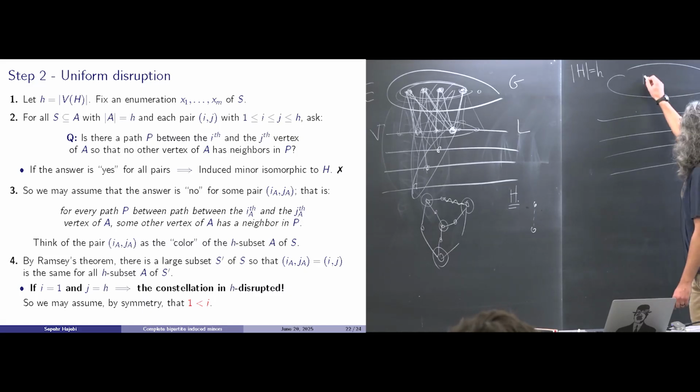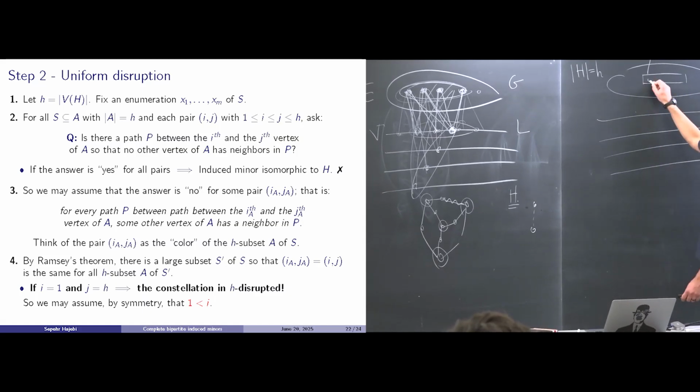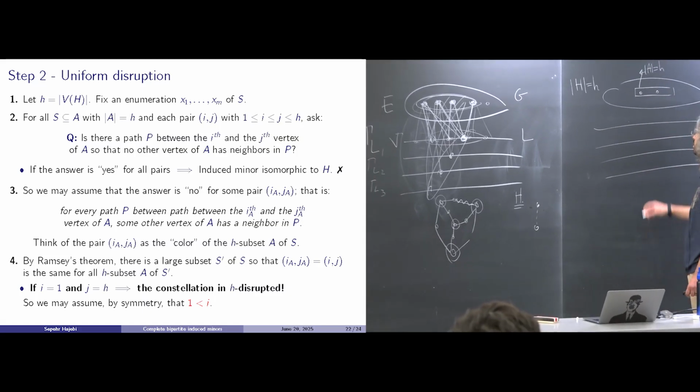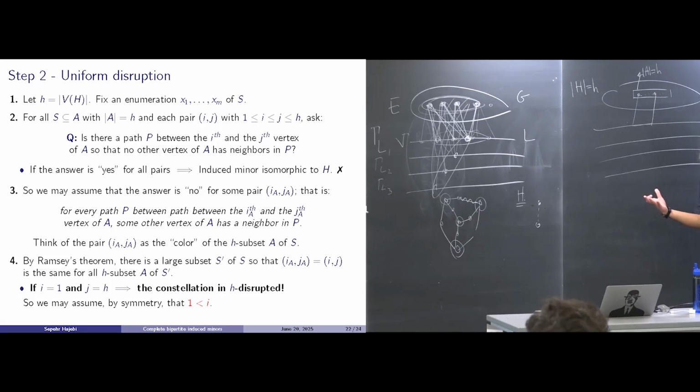So for every fixed size subset of the stable set of vertices of the constellation, the one with size h, I'm going to ask, is it true that for every two vertices in here, there is a path between them that nobody else in this set has neighbors in? And if the answer turns out to be yes for all pairs, it's the same thing. It's a big subdivision of a complete graph sitting in my graph as an induced subgraph.